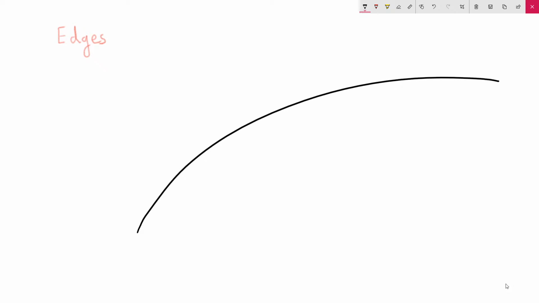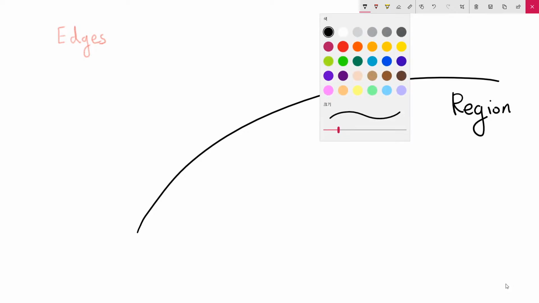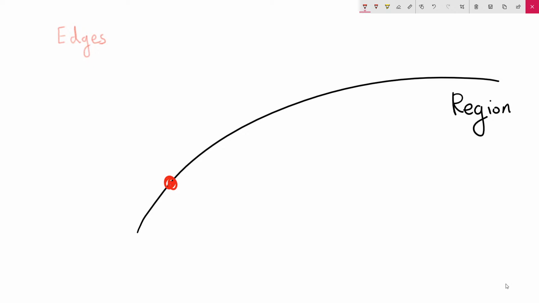Let's say that this is your region, and now you have certain points which are assigned to your context. Say this one is once again V1, V2, and V3. Of course, V1, V2, V3 are arbitrary integer numbers.